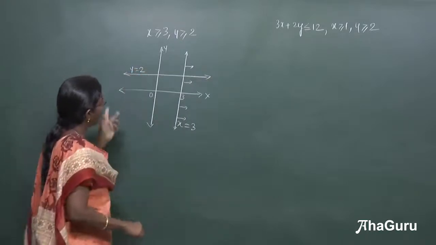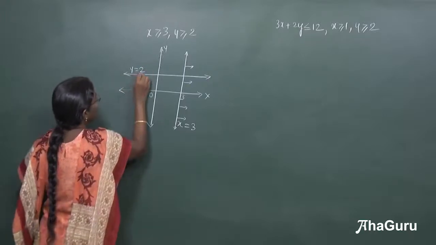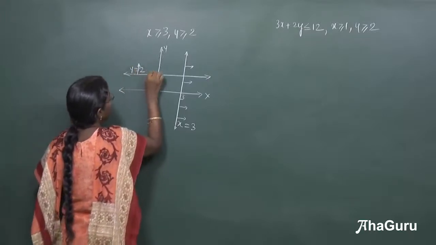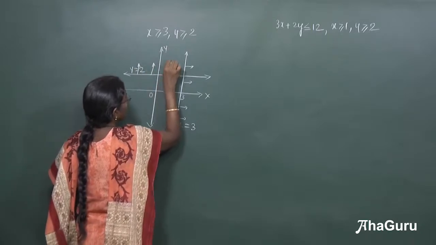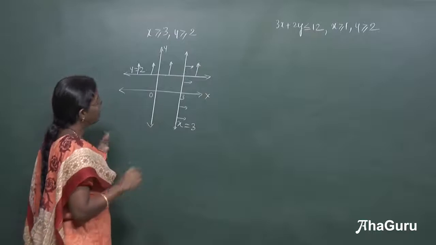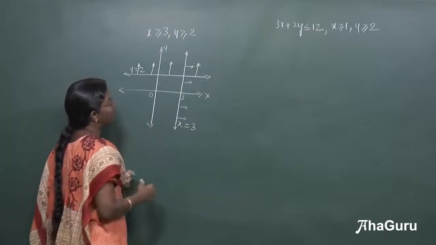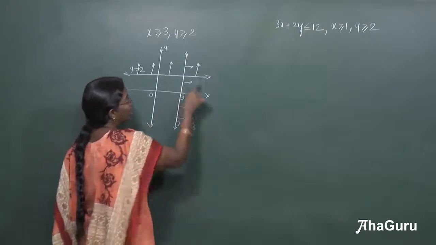Now, what is the region we have got? Y is greater than 2. Greater than 2 will be above 2. So, after you indicate the region for both the inequalities by arrow marks, now find out what is common.